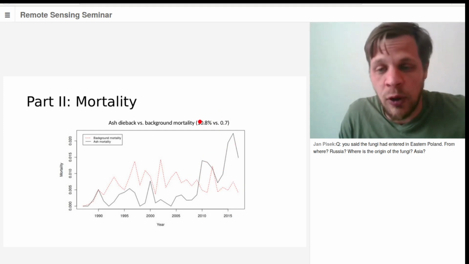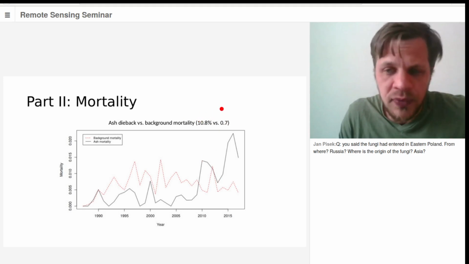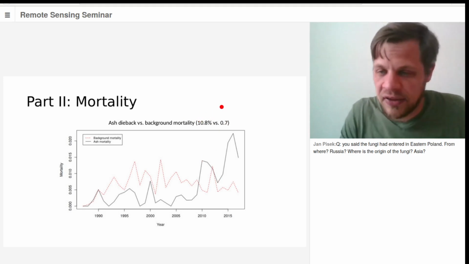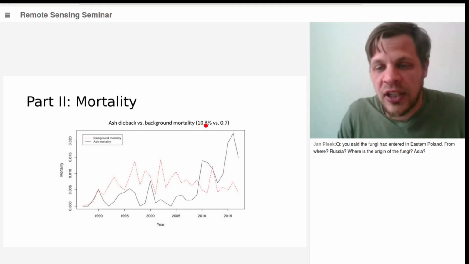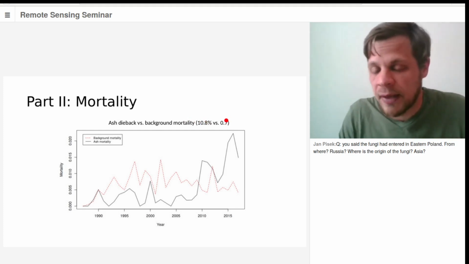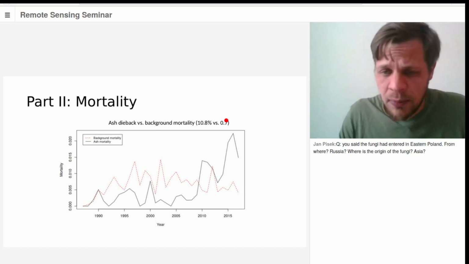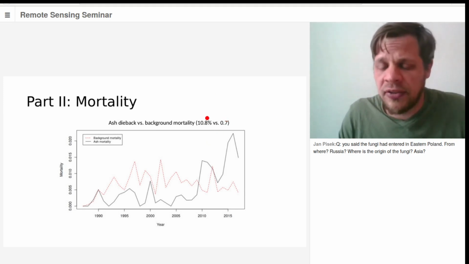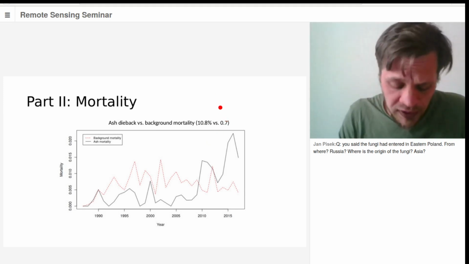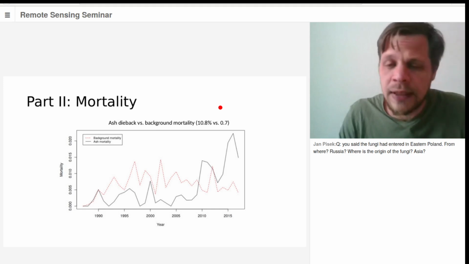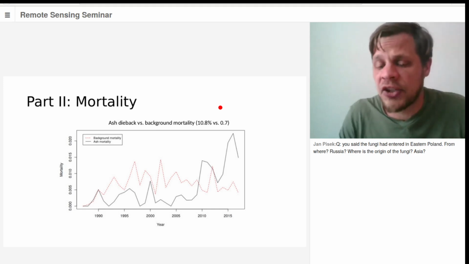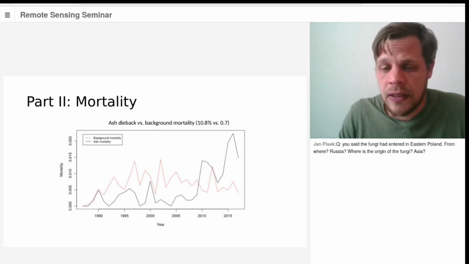And when you compare the overall mortality rate, simply expressed as the number of trees that have died compared to all trees, you see that ash dieback is much higher than background mortality in the same plots. So that means we can be quite sure that the predominant reason for mortality in ash trees is ash dieback, in particular within the last 10 years.